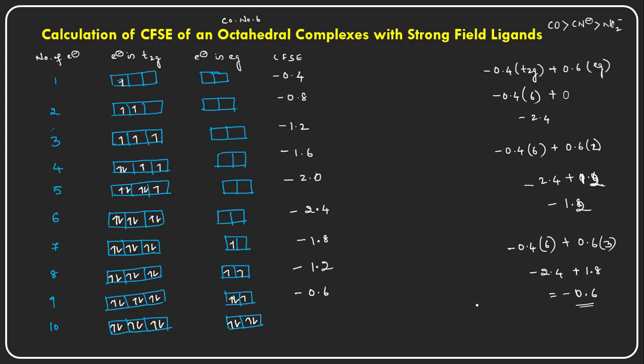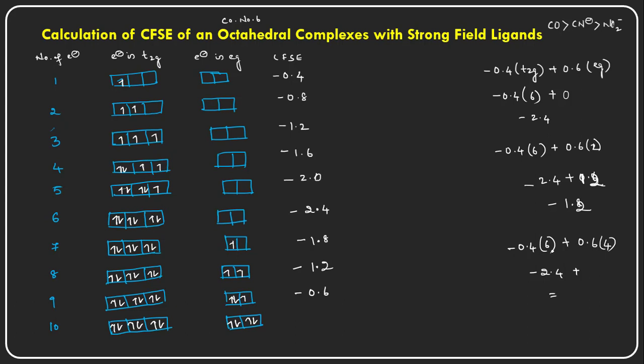So total electrons will be 10. Now what will be the crystal field stabilization energy? Now 4 electrons are there in Eg and 6 electrons are present in the T2g orbitals.